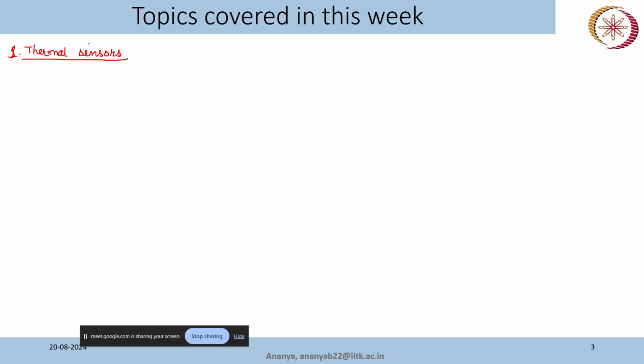Okay. So these sensors can be classified as contact and non-contact sensors.